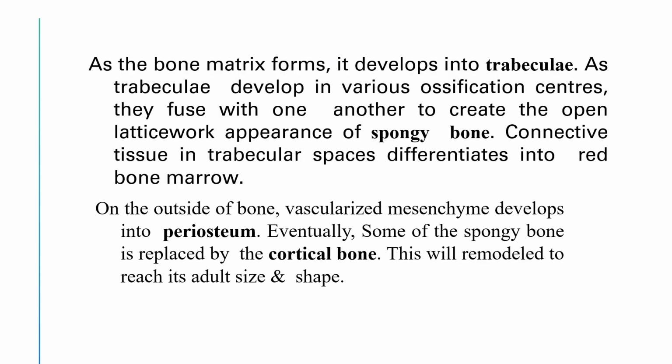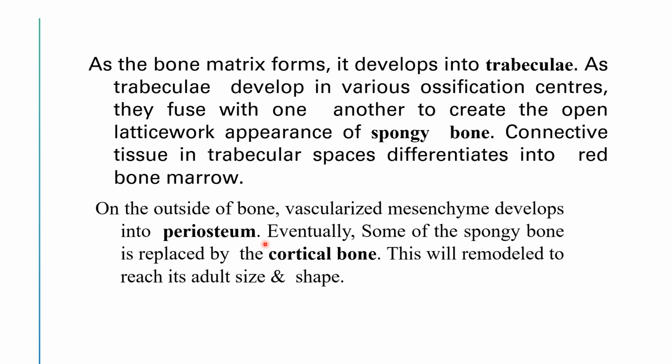As the bone matrix forms, it develops into trabeculae. As the trabeculae develop in various ossification centers, they fuse with one another to create the open lattice network appearance of spongy bone. Connective tissue in trabecular spaces differentiates into red bone marrow. On the outside of the bone, vascularized mesenchyme develops into periosteum. Eventually, some of the spongy bone is replaced by cortical bone. This will be remodeled to reach its adult size and shape.